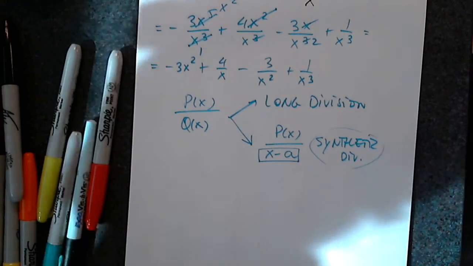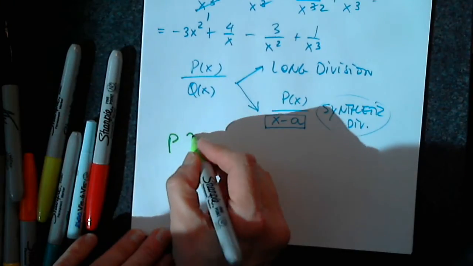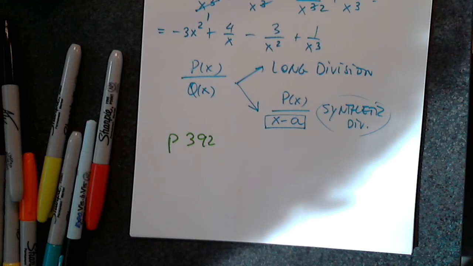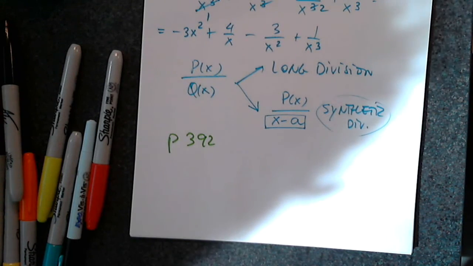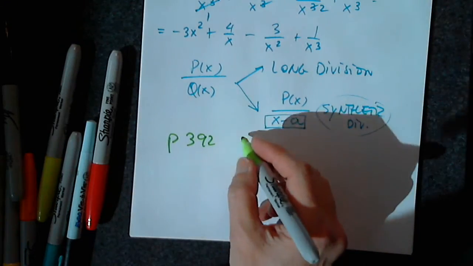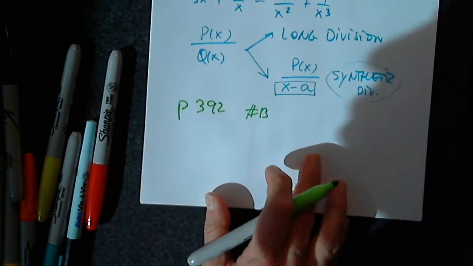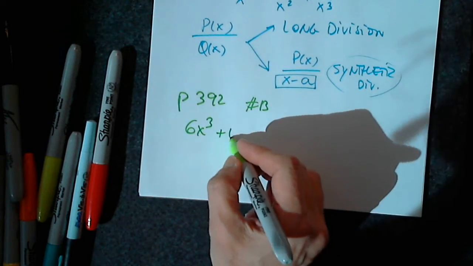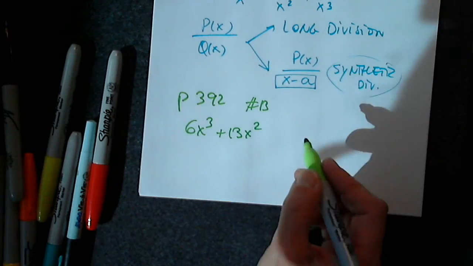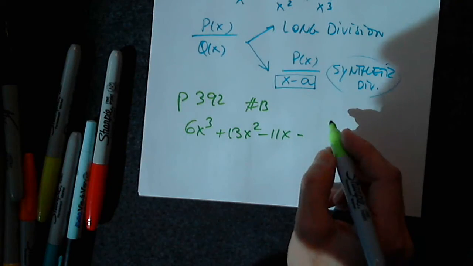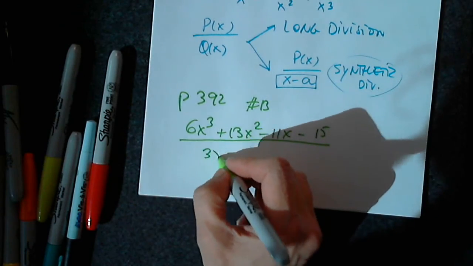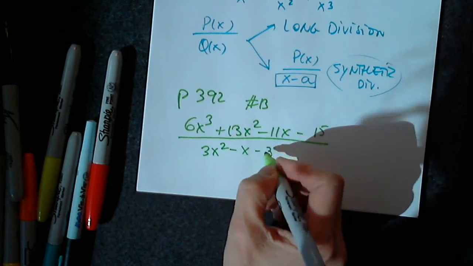On page 392, let's start with number 13. This is review from a previous course. However, I would like to refresh your memory on this because there is homework on this, so that's why. 3x squared minus x minus 3.